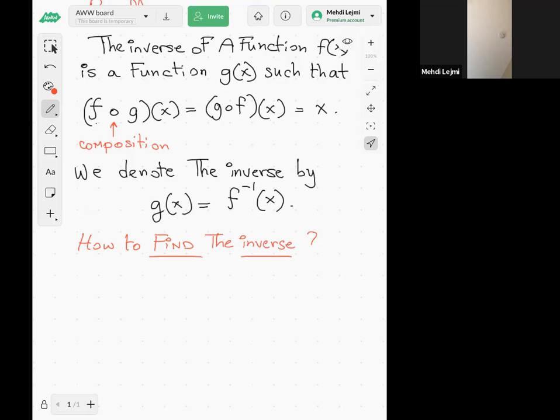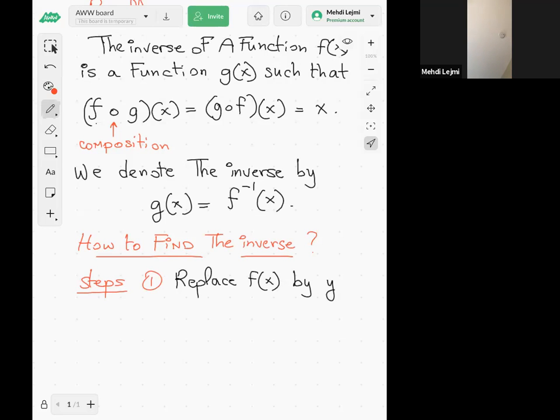We said the main steps are the following. First, you replace f of x by y.